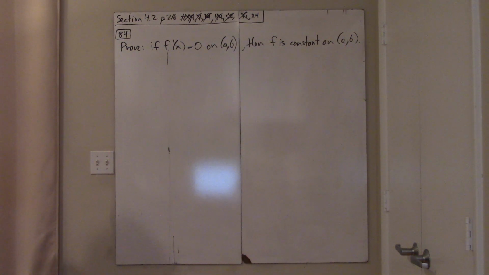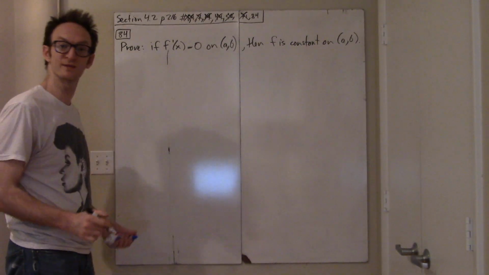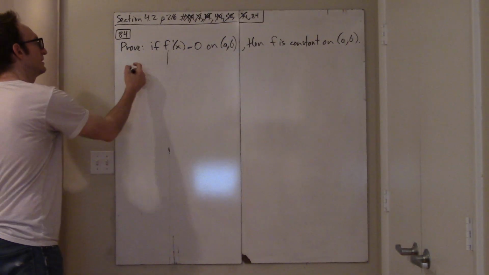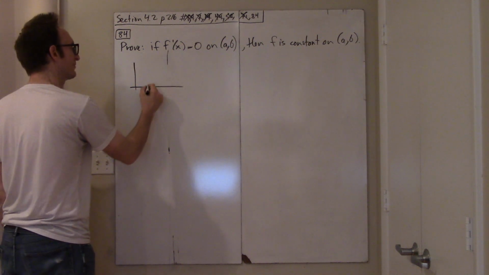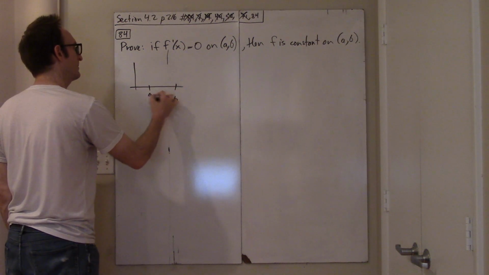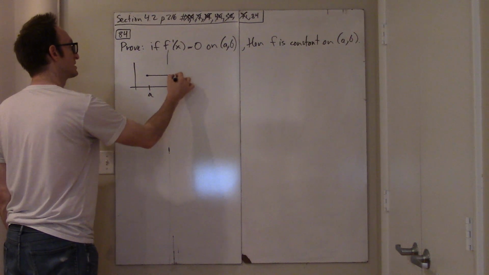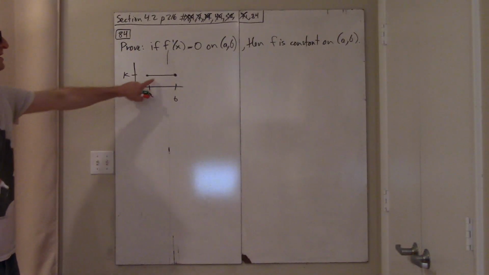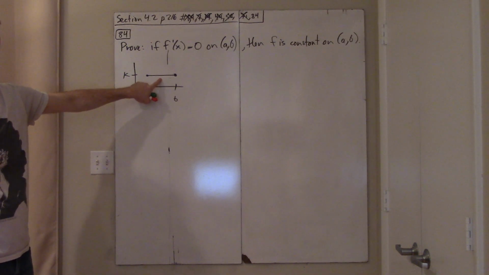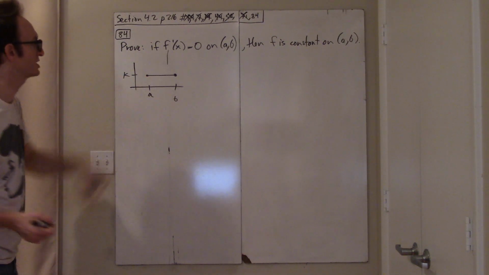Okay, so this is a seemingly kind of silly problem. We know that constant functions have a derivative of 0. And so if you give me some function, and you tell me that this function is constant, so for example it just has value k everywhere, then of course the derivative is going to be 0, because this function is not changing anywhere.